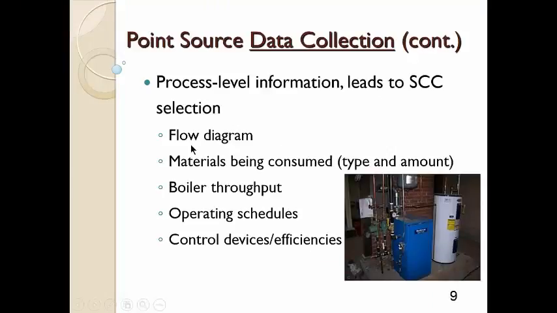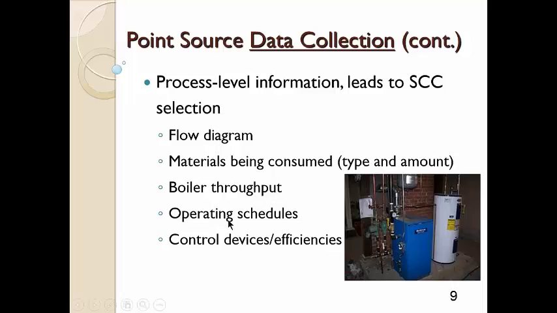In larger sources, if you ask for information, it's probably in the permit, they have flow diagrams. A lot of places don't just consume one thing. They've got fuel, they've got oil, boilers. Everybody has boilers on their land because boilers are used to heat schools, to heat community centers.